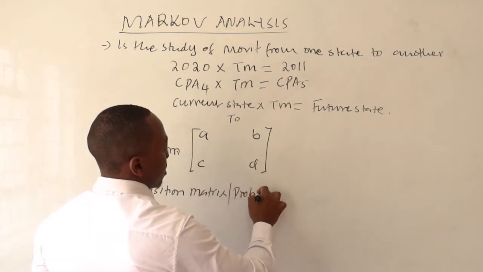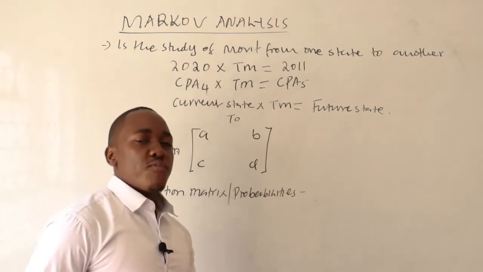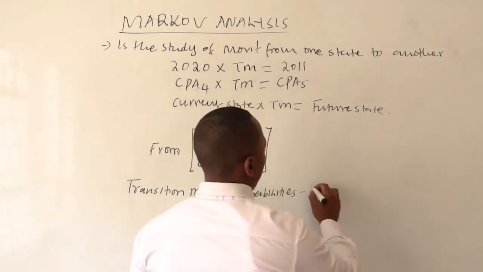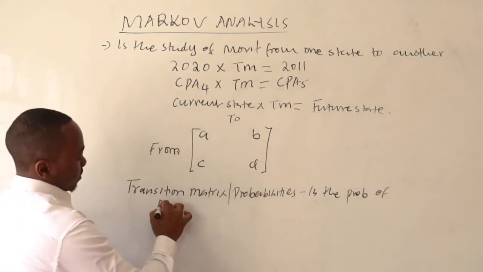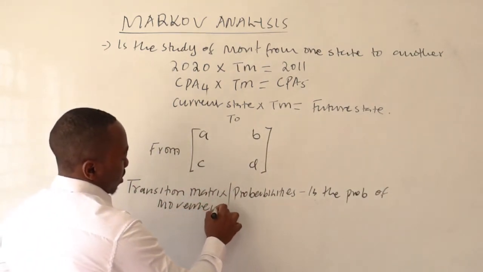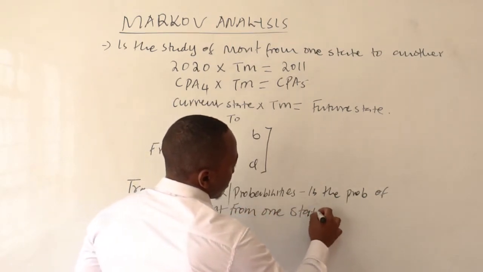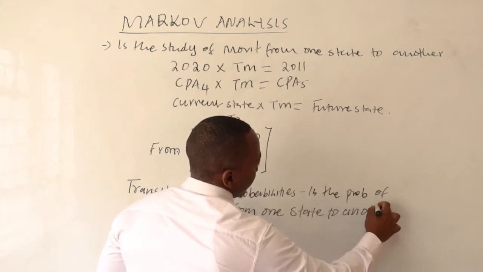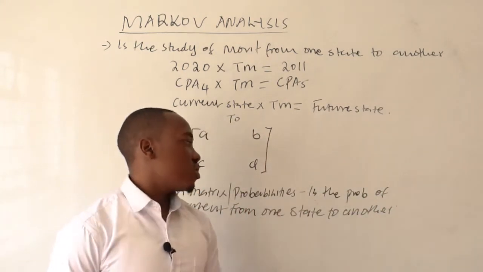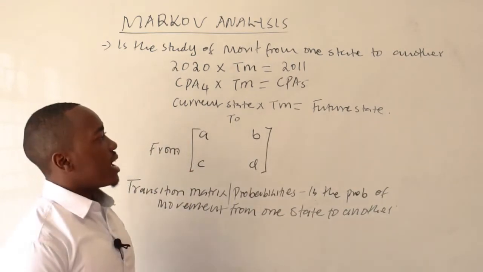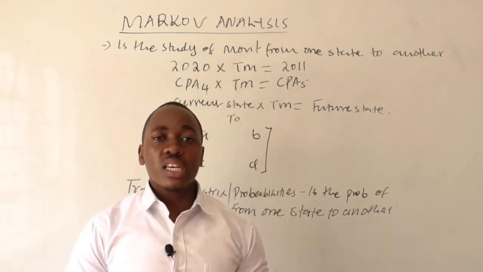Now, transition probabilities is the probability of movement from one state to another. Yeah, that's what we call a transition matrix or transition probability. So that's all about the concept of Markov analysis. You're just moving from one state to another.